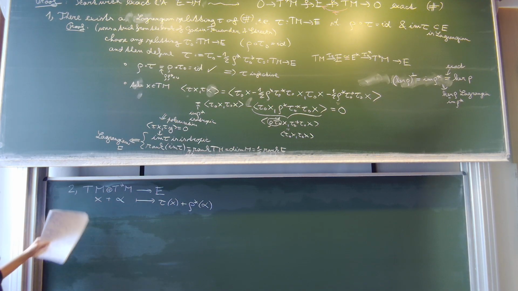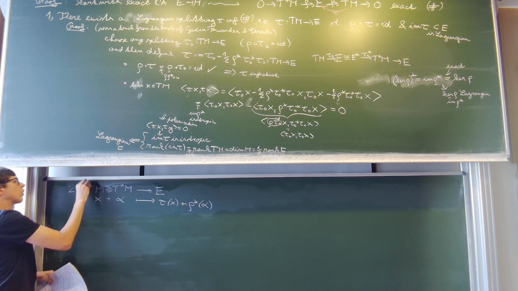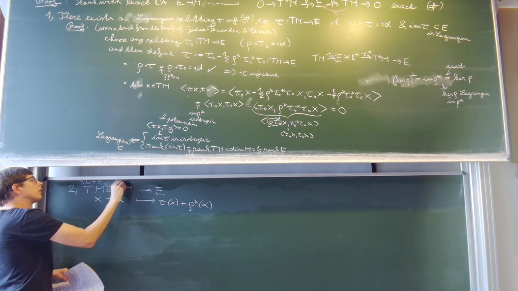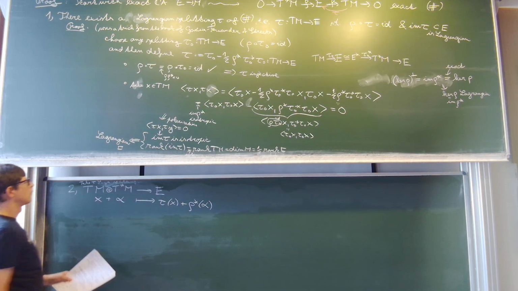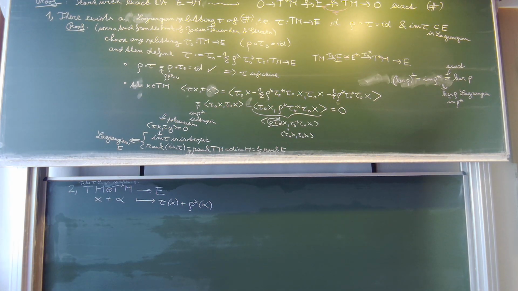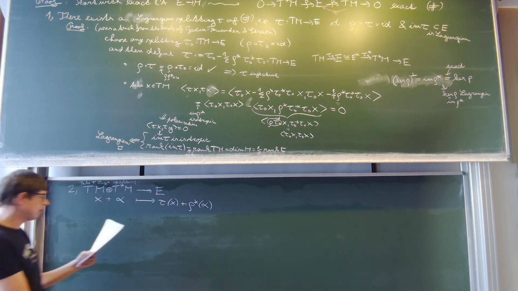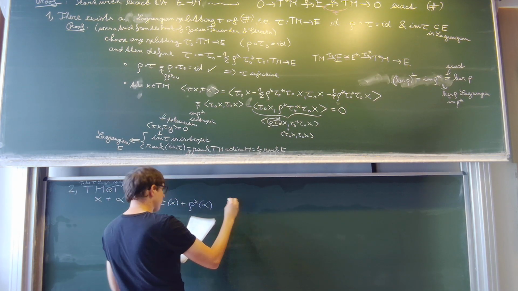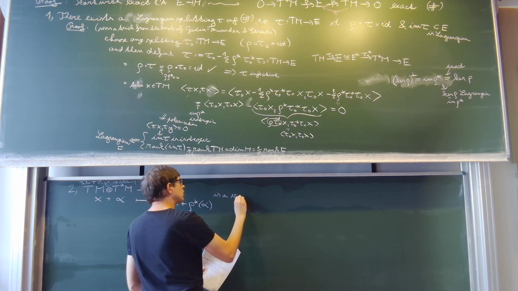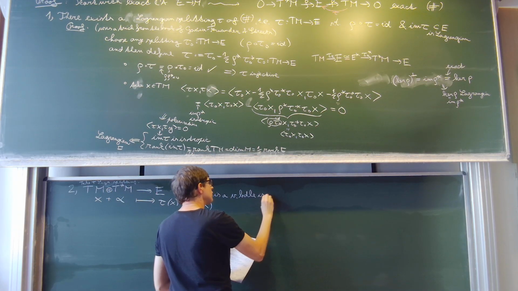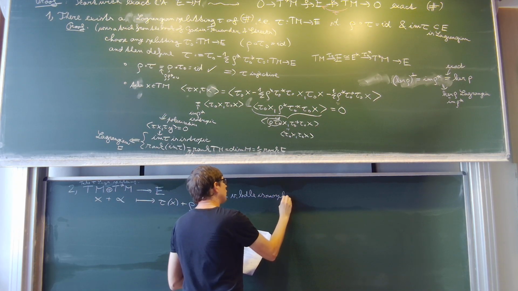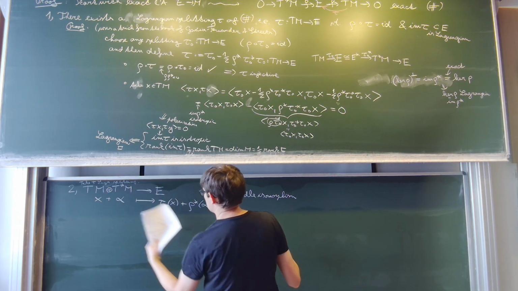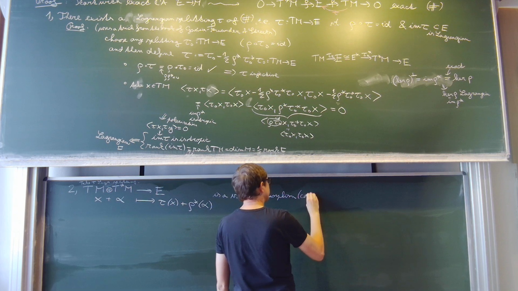So, take tau a Lagrangian splitting as above, and then we can define a map like this. And now the claim is that this is an isomorphism, and not just that, this thing is a vector bundle isomorphism, covering the identity, since this is pointwise.